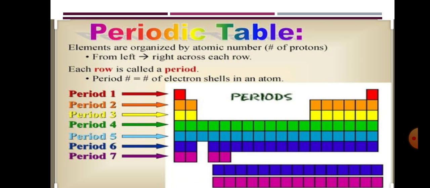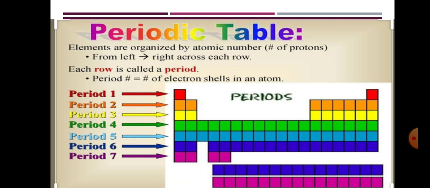The period number means the number of electron shells in an atom. So we have period number 1, 2, 3, 4, 5, 6, and 7. We know that the Moseley periodic table has 7 periods.